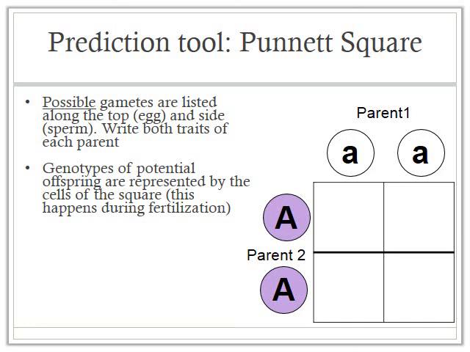So what's going to happen is you fill in each cell with the column and row. You bring down the A, you bring over the a, and you get big A, little a. Why didn't I write it little a, big A? It's just the way it's done. The dominant always goes first. If I wrote little a, big A, I would understand the situation, but it's just not the way it's drawn.